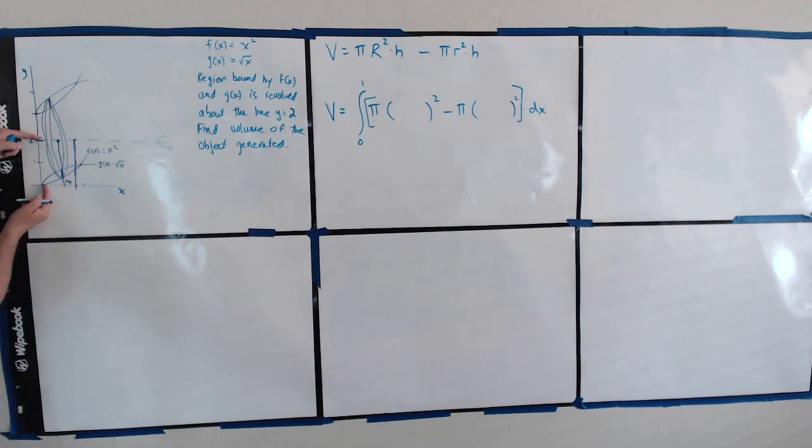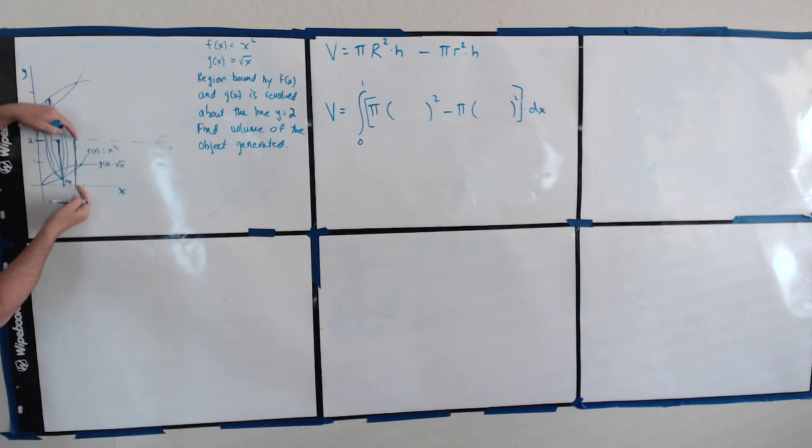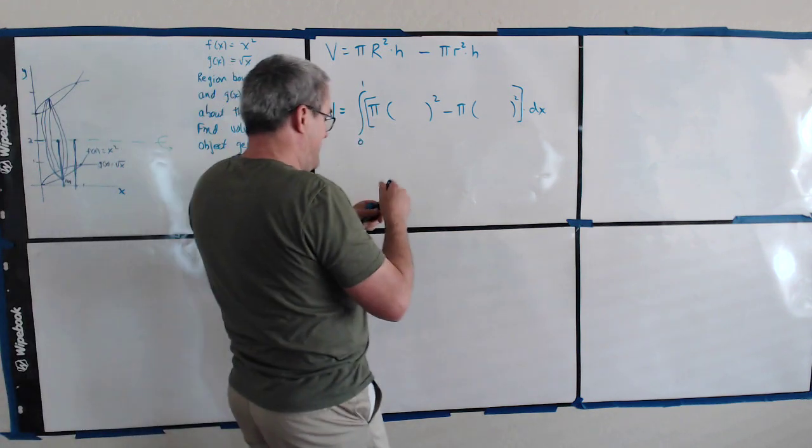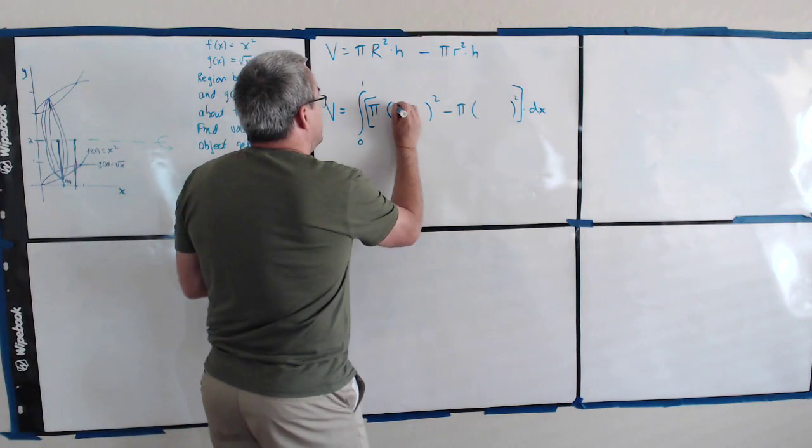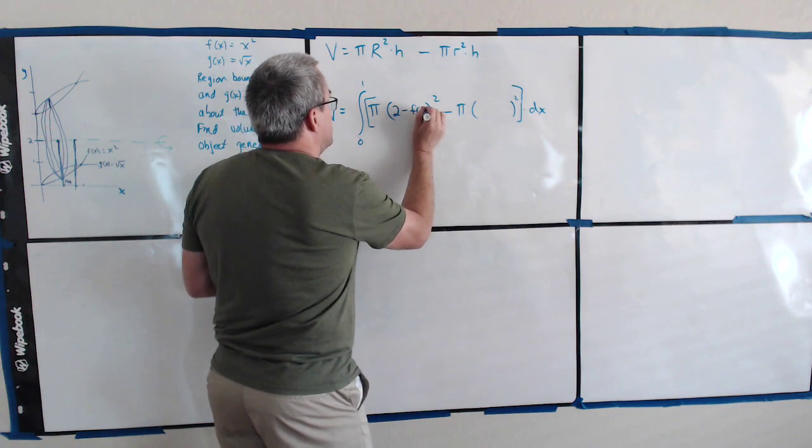But still, we're going to take the 2 and then subtract f of x. Take 2, subtract f of x. So your big R, sorry, I went too far. Your big R right here is the 2 units minus the f of x gives you the remaining radius. So what goes here for big R is 2 minus f of x.